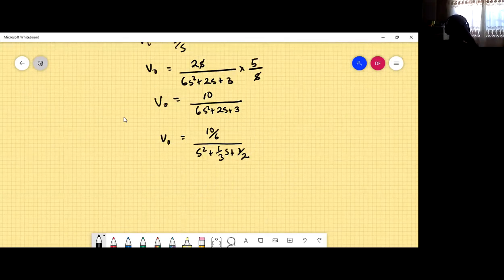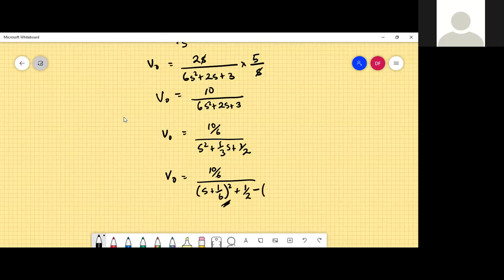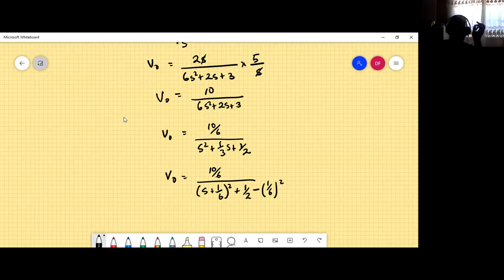So to further work out this problem, we have to complete the square. So that's 10 over 6, and to complete the square is s plus half of a third, which is 1/6, squared, minus 1 over 6 squared. That's how I remember to complete the square. You use whatever method you use.